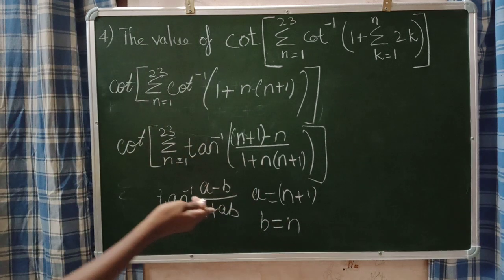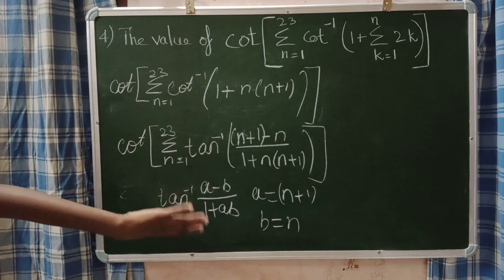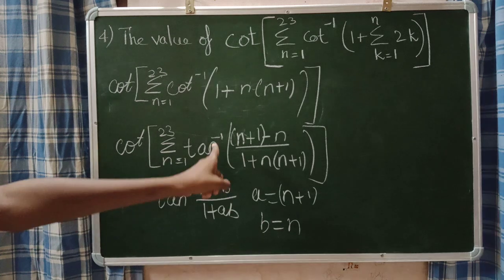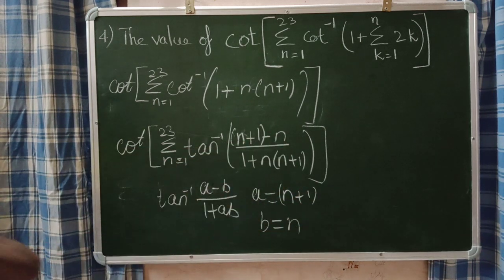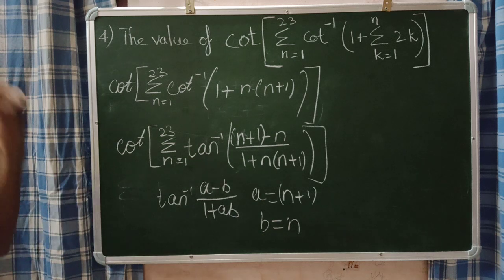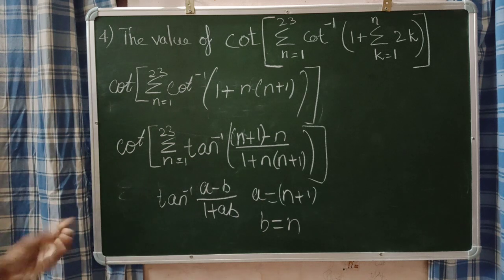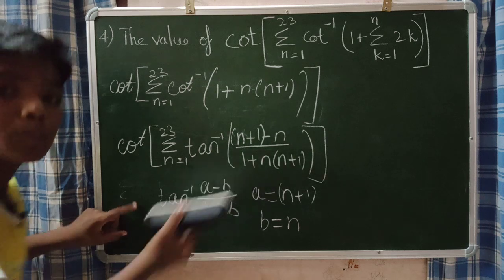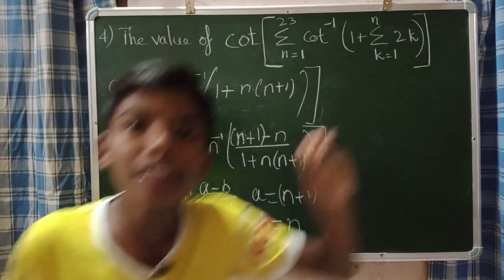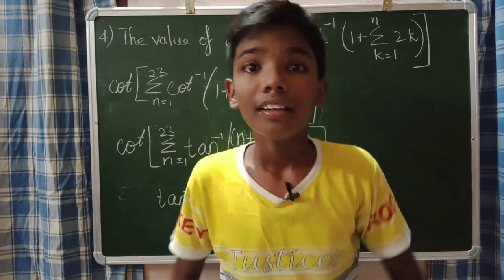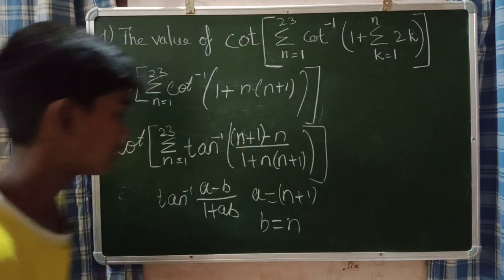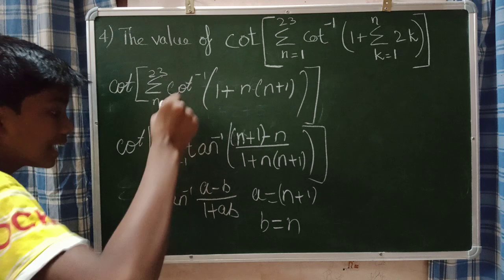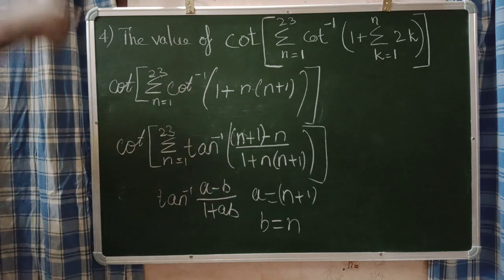And what is tan inverse of a minus b divided by 1 plus ab? That is the tan inverse of a minus tan inverse of b formula. That is why we say, guys, the formula should be at your fingertips. Then only you know that this is tan inverse of a minus b divided by 1 plus ab.